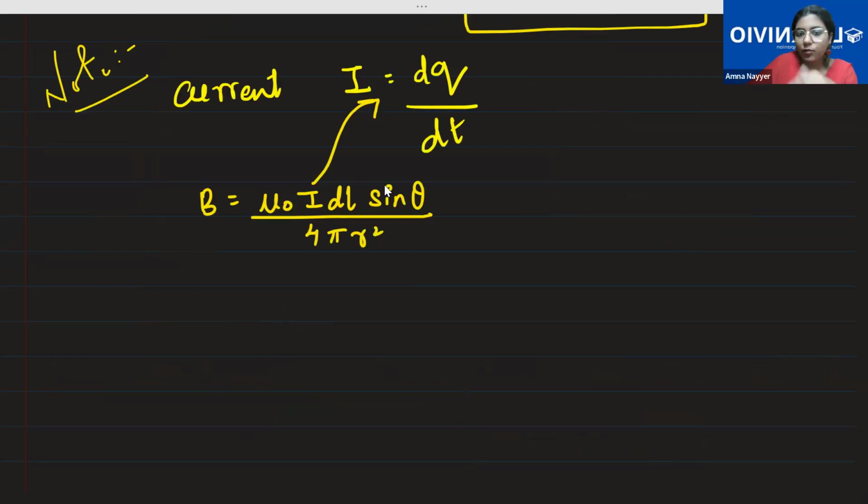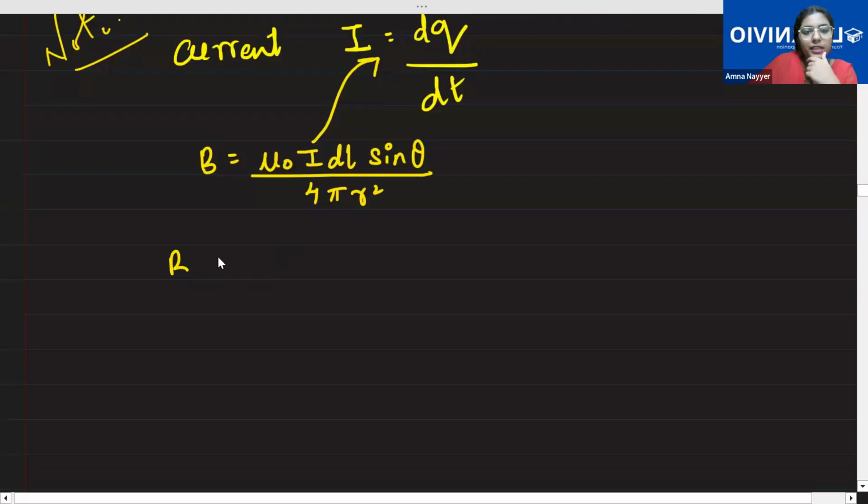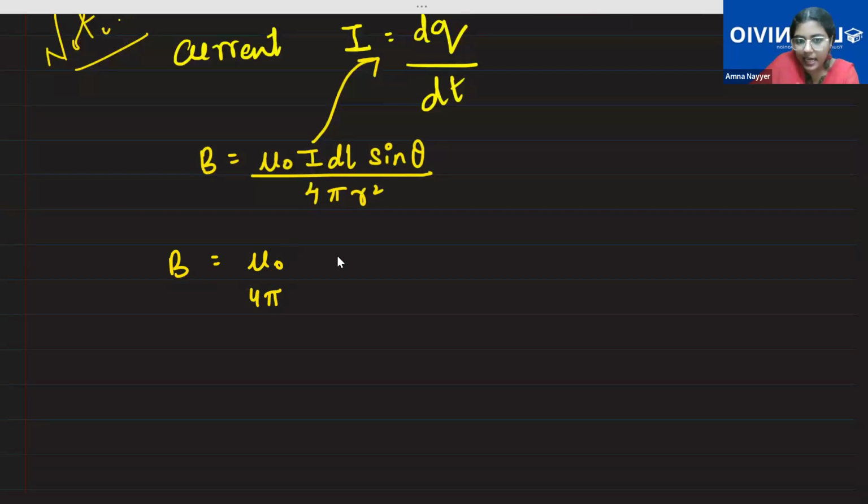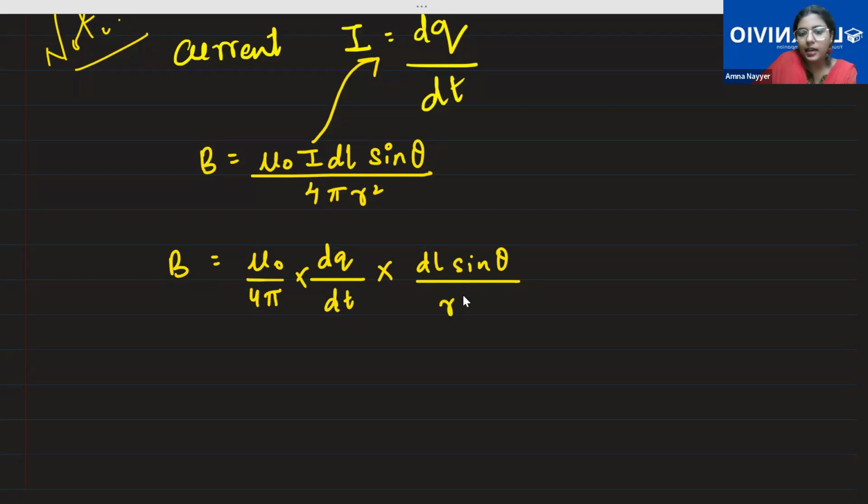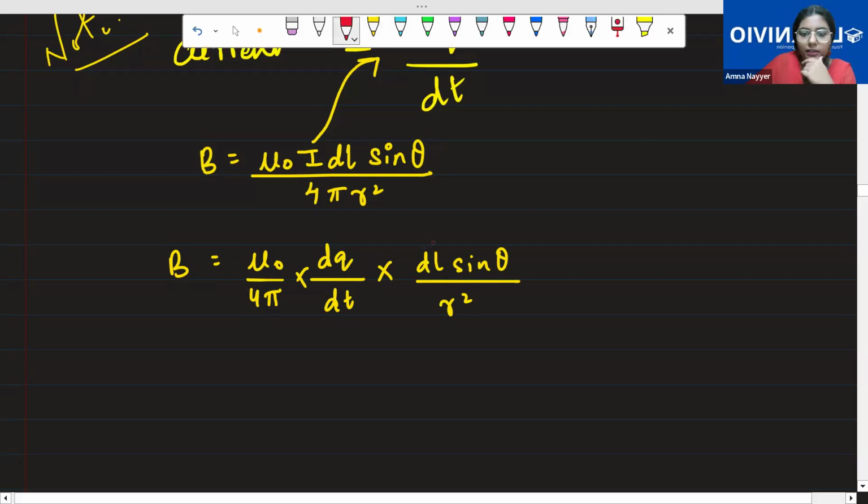When you put in the value of current, B is equal to mu naught by 4 pi, dl is there, and instead of I, I am writing dq over dt. So mu naught by 4 pi into dq over dt, dl sine theta by r square. Okay, I've put in the value. Now see, can you tell them one thing, Kutsia? What is dl over dt?